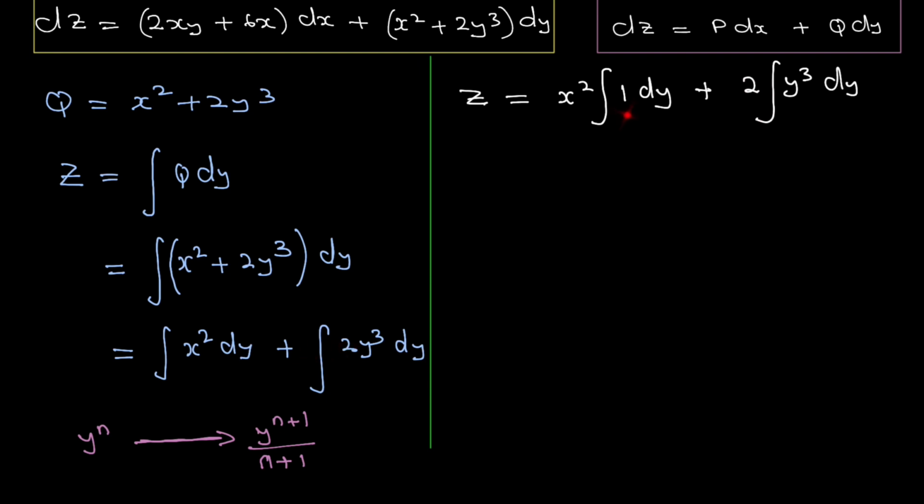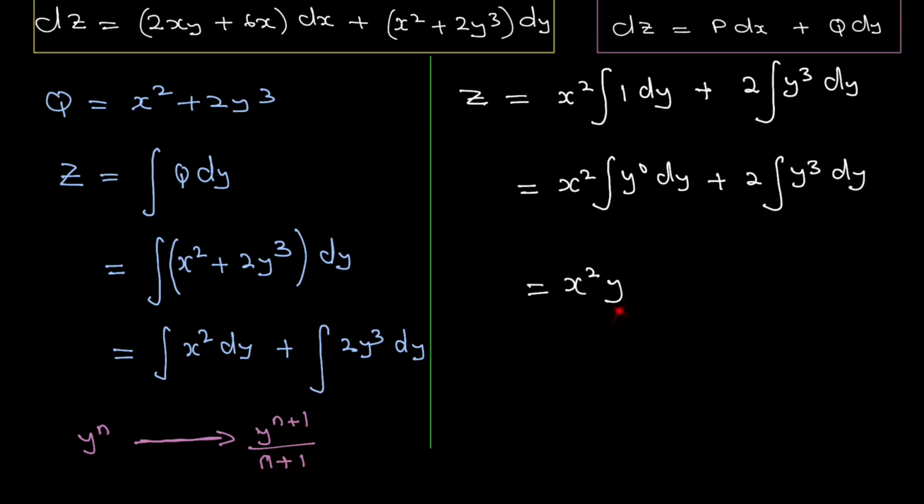Now to integrate this, that would be y to power 0. x squared, y to power 0, because I'm integrating with respect to y, so I have to put y to power 0. Anything to power 0 is 1, plus 2y to power 3 dy. Now if I integrate that, y to power 0 will give me y to power 0 plus 1, that's 1, y to power 1 over 0 plus 1.